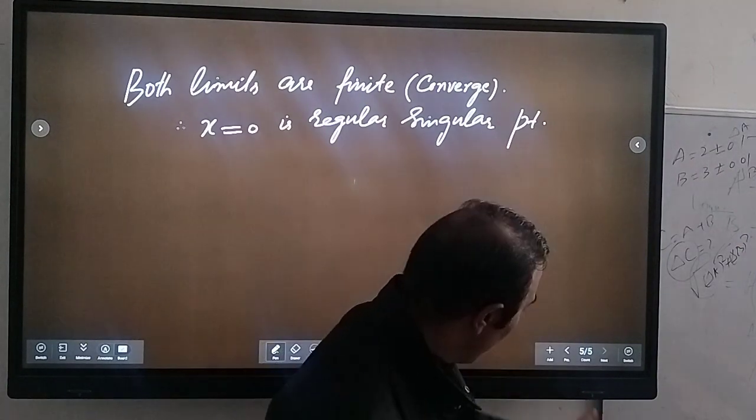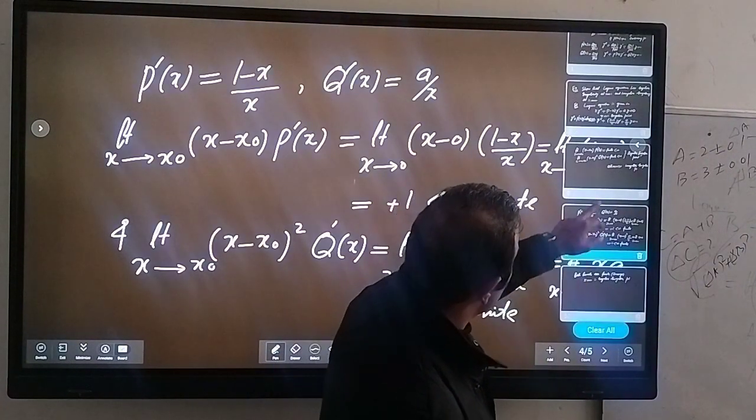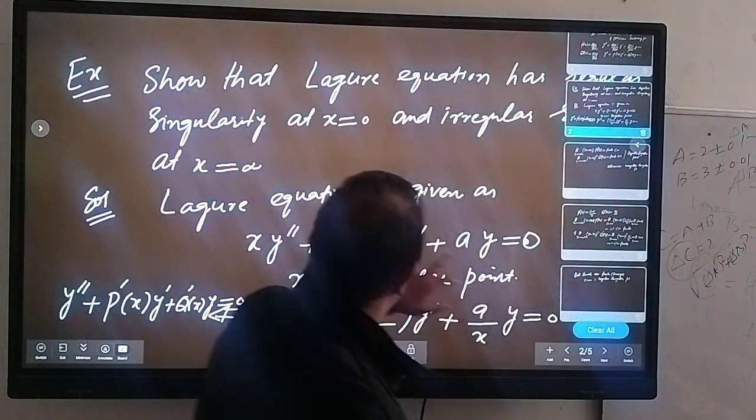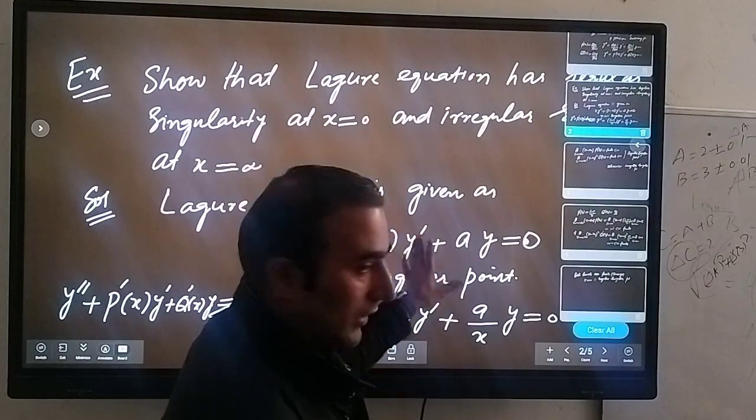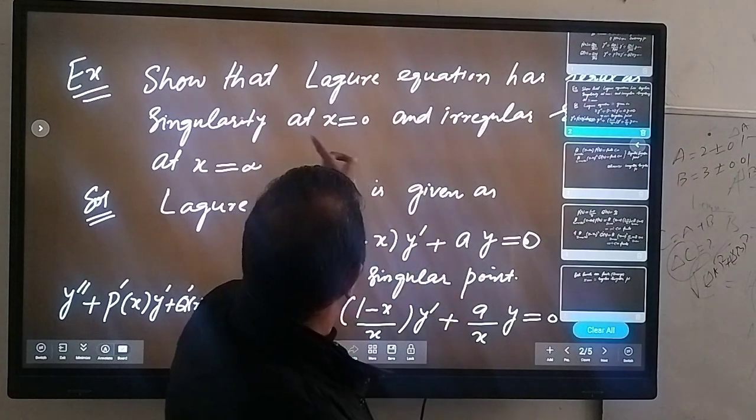Now second is, as per our question, we need to show that this differential equation has a regular singular point at x equal to 0.